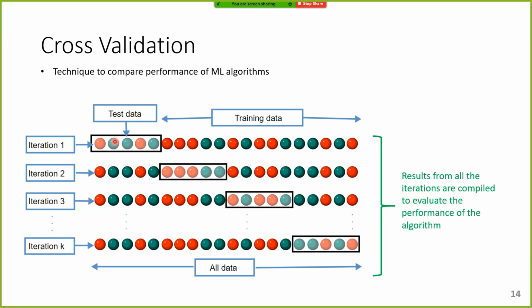Suppose we have divided our data in this fashion, so we will have four iterations. We call it a four-fold cross validation. If we have k different iterations, then we call it k-fold cross validation.